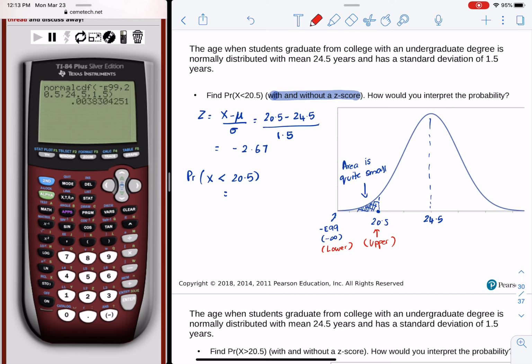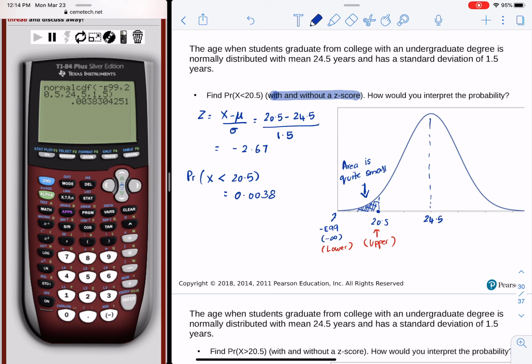The answer is 0.0038, as we noted even before starting the problem, that the probability answer is going to be very small because the area is quite small, right over here. So naturally, the answer ended up being small.